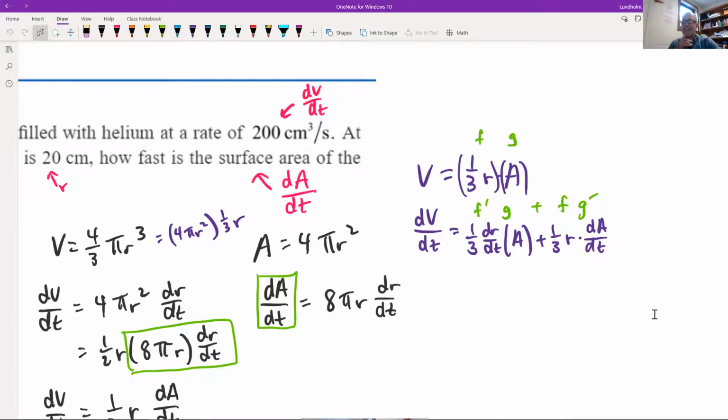So, you know what? Let's keep going. We're not out yet. 1/3 dr dt times 4 pi r squared plus 1/3 r times dA dt.